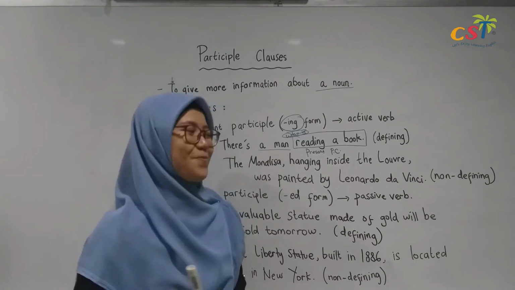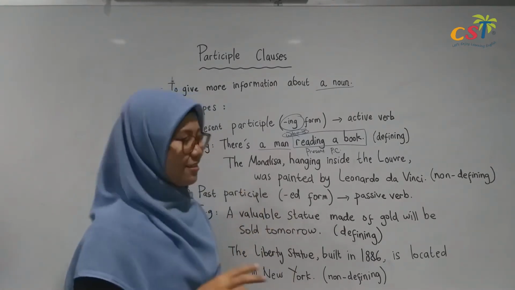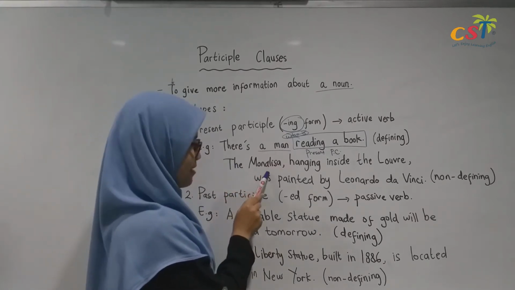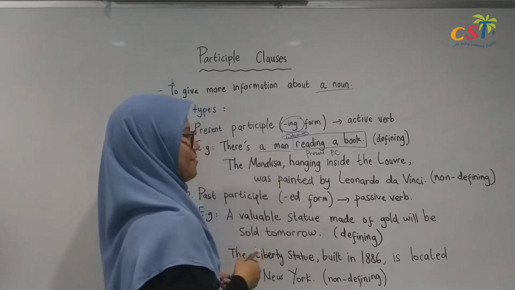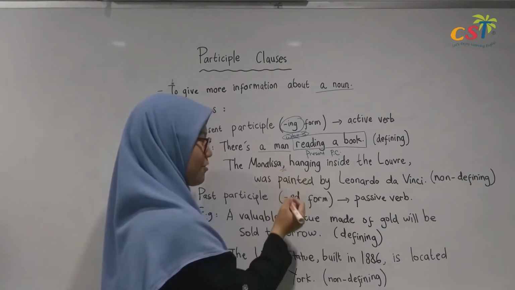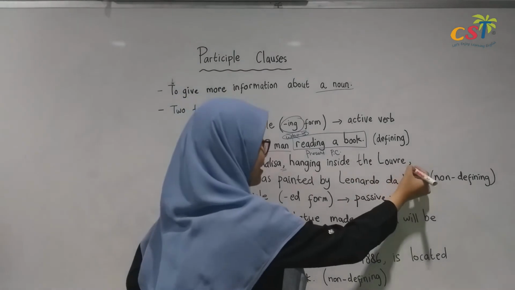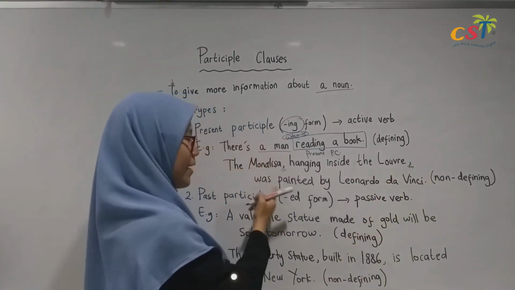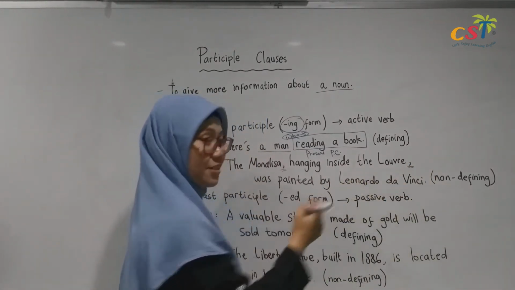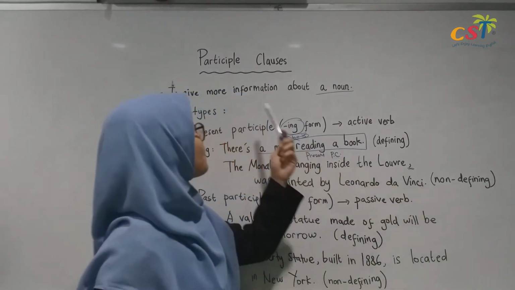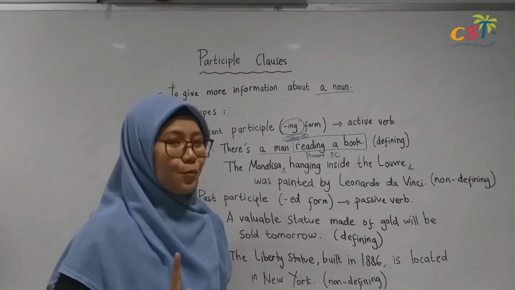Remember that. Meanwhile, if you take a look at the second example: the Mona Lisa, comma, hanging inside the Louvre, comma again, was painted by Leonardo da Vinci. There are commas here. This is a non-defining participle clause. Why?